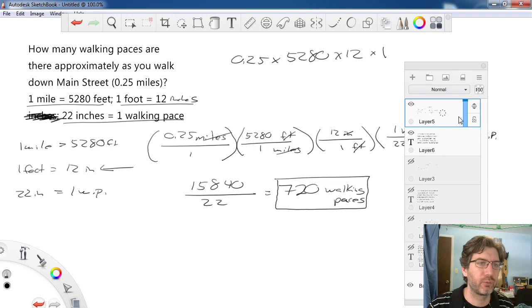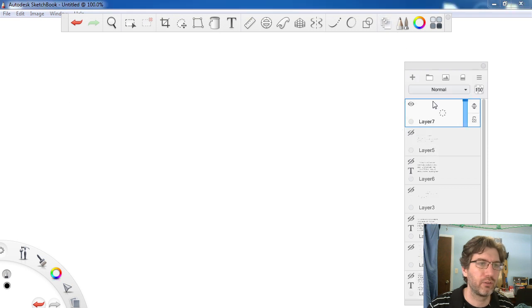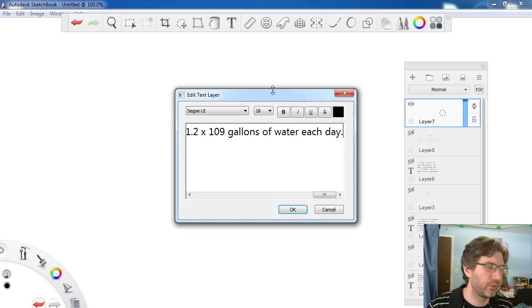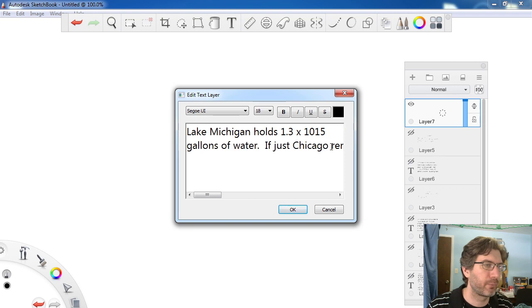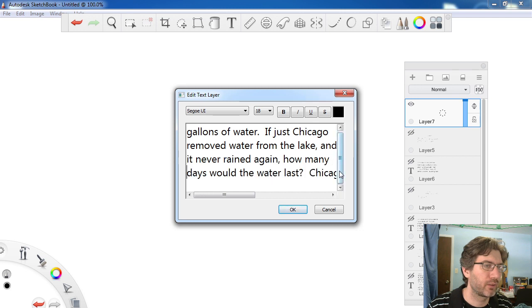All right, our next one, we're just hiding all of this, is dealing with scientific notation. It might not like it when I copied and pasted that.